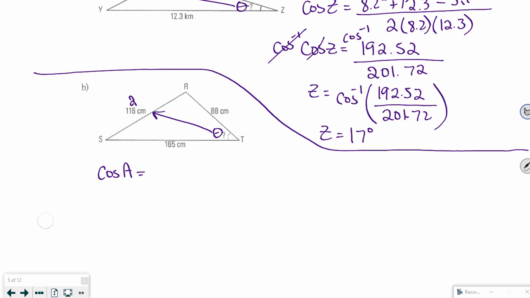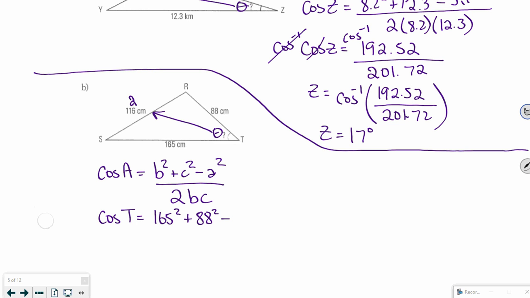So cos of A equals B squared plus C squared minus A squared over 2 times B times C. So cos of T equals, doesn't matter the other two, 165 squared plus 88 squared minus 116 squared, that's the important one, divided by 2 times 165 times 88.